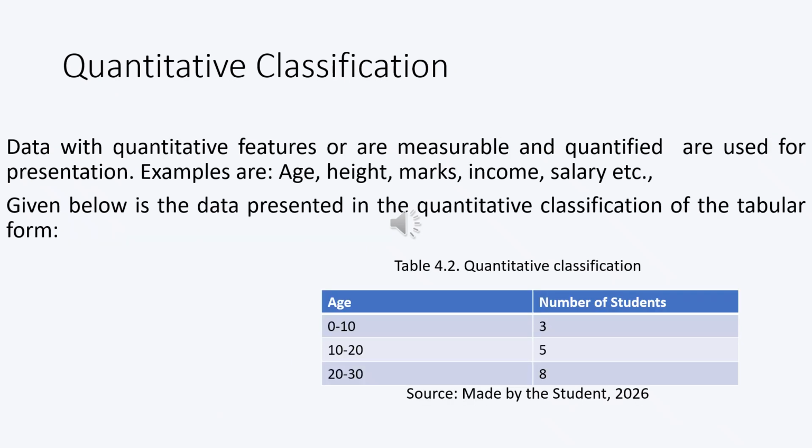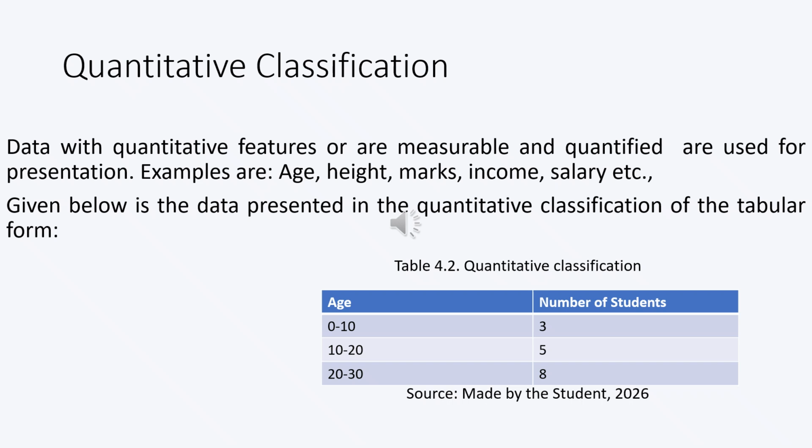The quantitative classification of tabular data presentation uses data which has quantitative features, or is measurable and quantified. Examples of quantitative classification are age, height, marks, income, salary, etc. Here given below is the data presented in the quantitative classification of the tabular form.